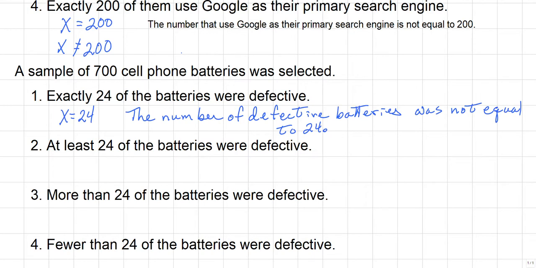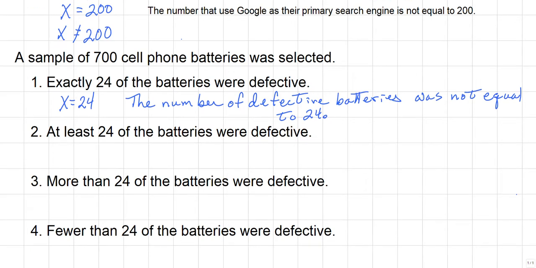And so we'll look at the next statement, which states at least 24 of the batteries were defective. Well, at least 24 means 24 or more, so X is greater than or equal to 24, and the complement will be less than 24 of the batteries were defective.